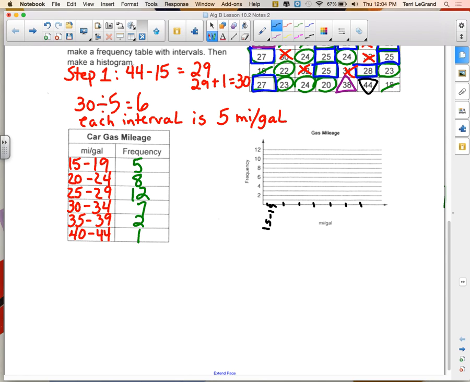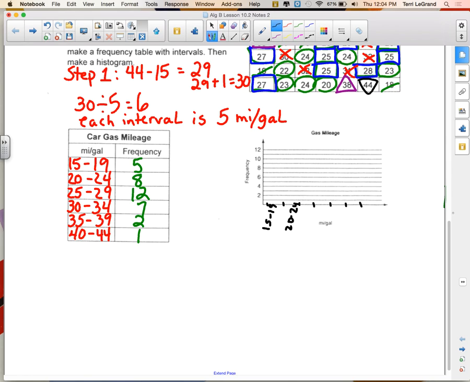The mileage in that first interval is the ones that got between 15 and 19. Don't be afraid to move your paper sideways. You can turn it. I can't turn my smartboard, but you guys can turn your paper. So label each interval that we came up with. All of them should be labeled.